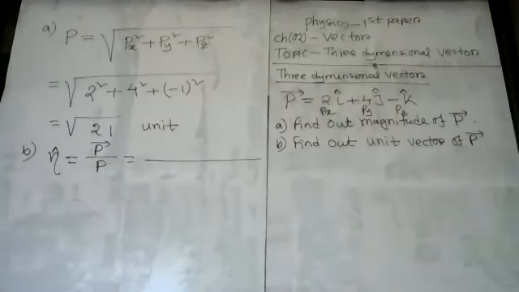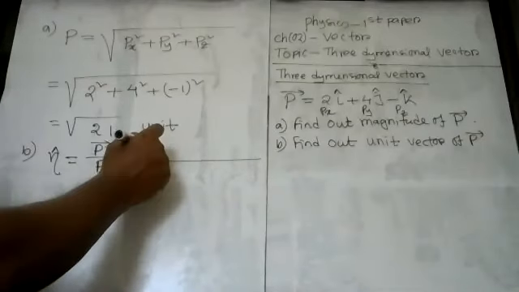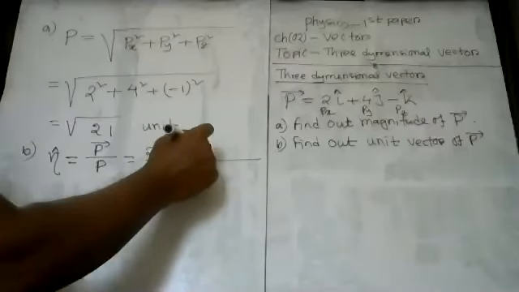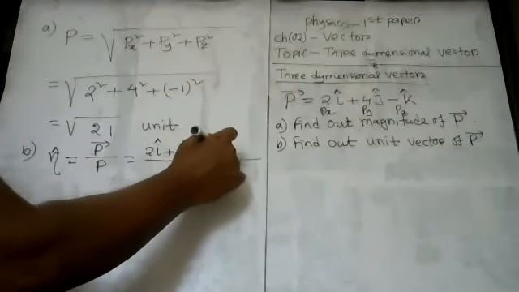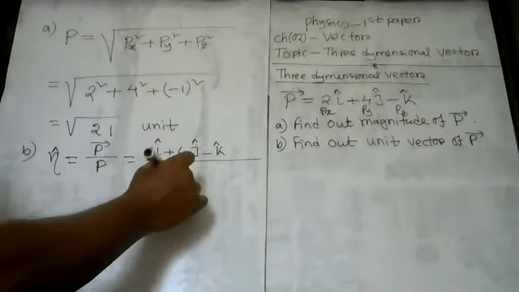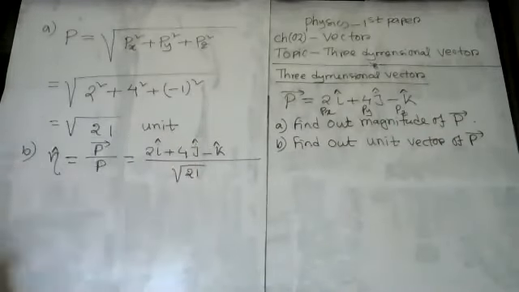Vector P equal to 2i hat plus 4j hat minus k hat divided by the magnitude of P, which is root over 21.